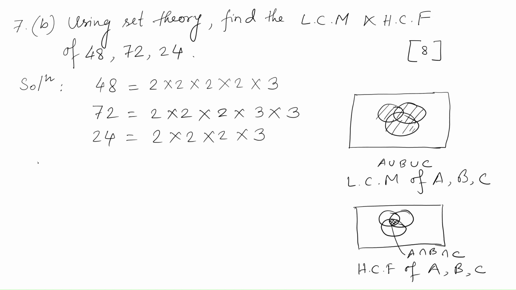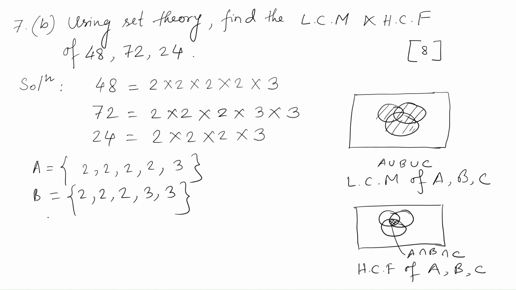Here the set A contains the elements 2, 2, 2, 2, 3. Set B contains the elements 2, 2, 2, 3, 3. Set C contains 2, 2, 2, 3.